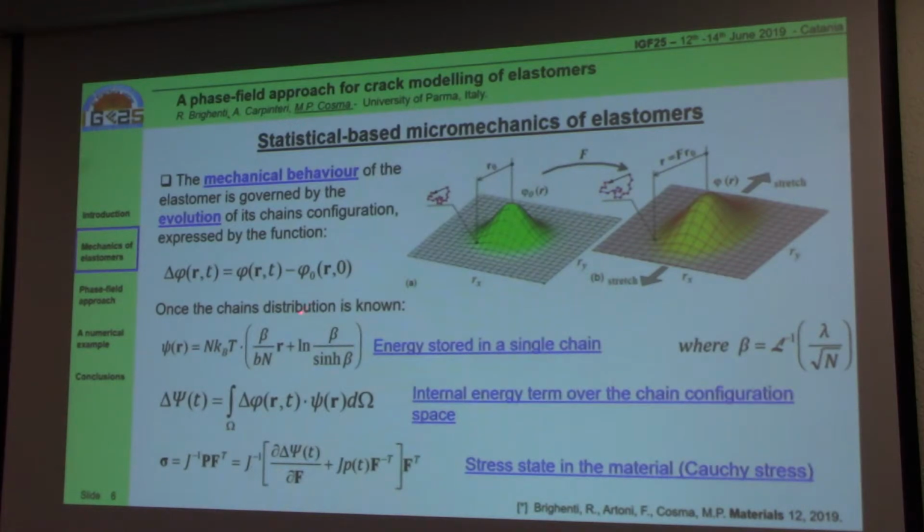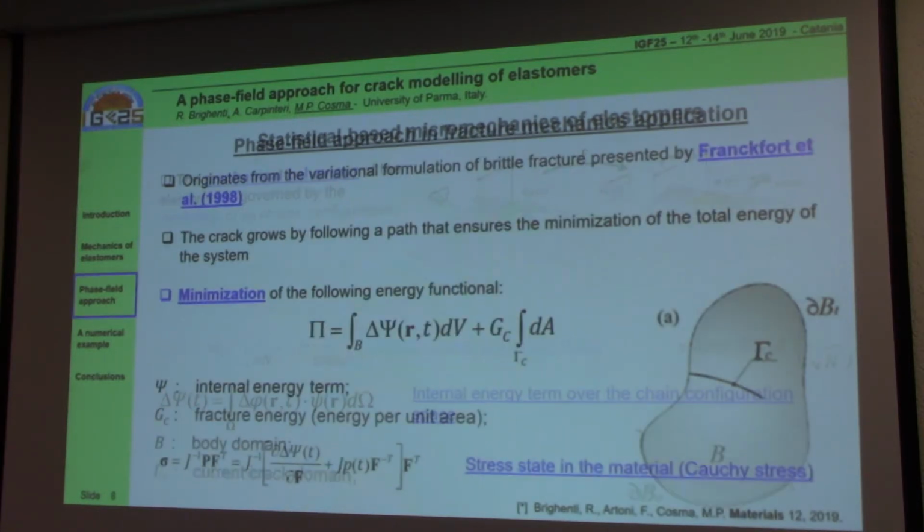Once the chain distribution is known, we can evaluate the energy stored in a single chain by using this expression, and then by a simple integral, we can evaluate the internal energy of the material by adding up the terms of the single chains. Finally, with this expression, we evaluate the stress state in the material, which is the Cauchy stress.